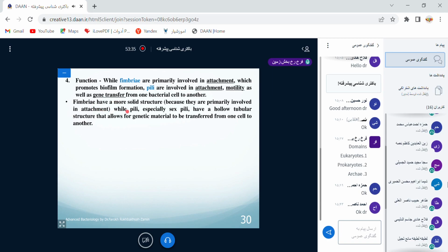Fimbria have a more solid structure because they are primarily involved in attachment, while pili, especially sex pili, have a hollow tubular structure that allows genetic material to be transported from one cell to another one.